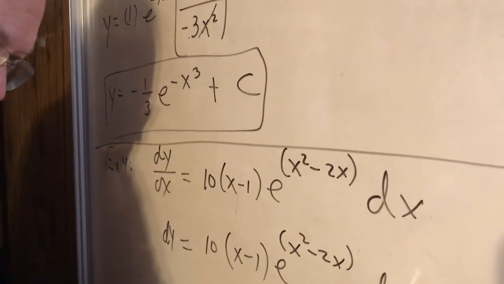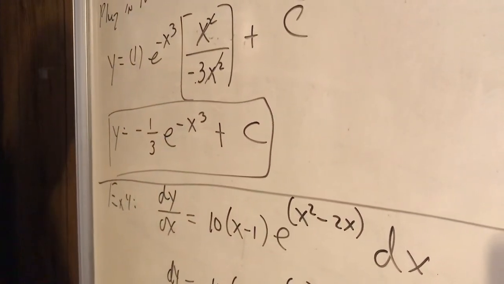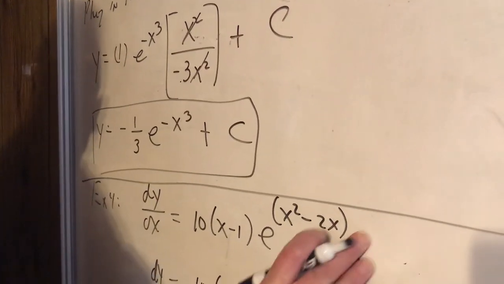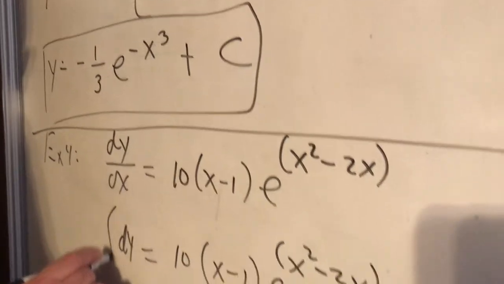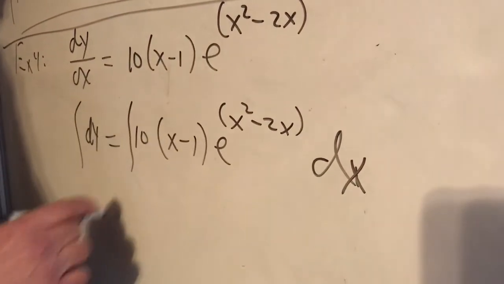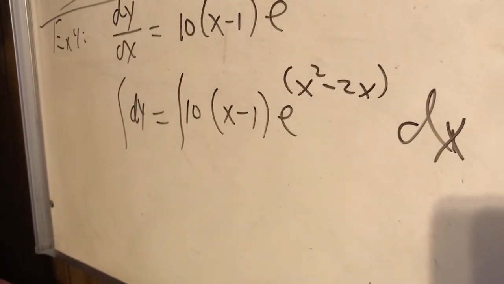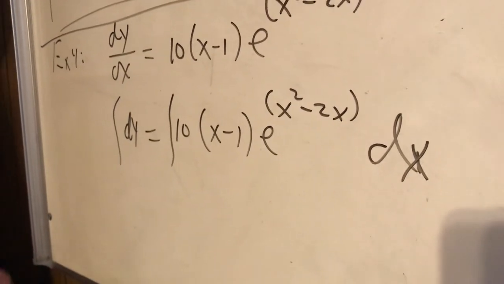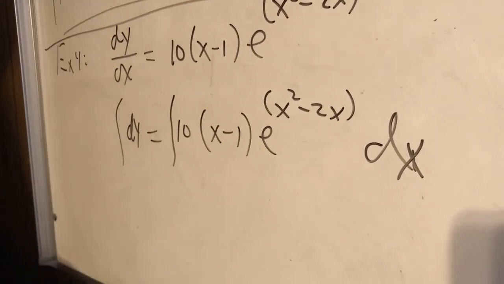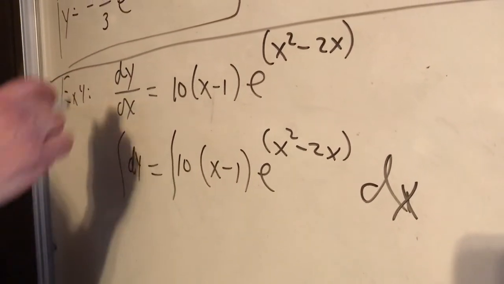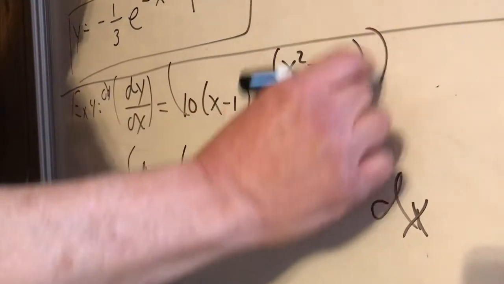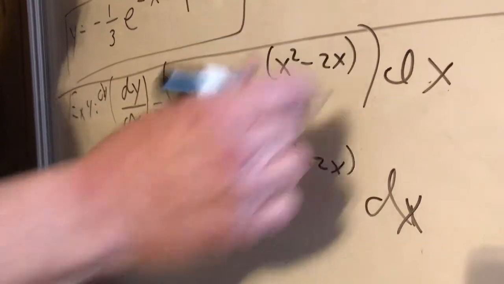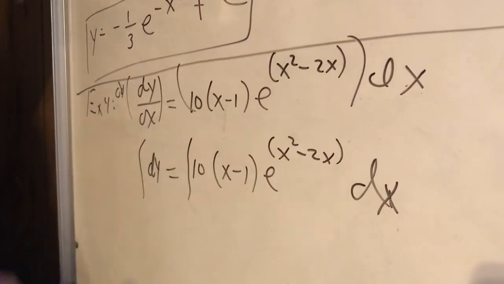Actually, in the first equation, you have too many dx's. You should get rid of it on the left. No, that was never there. Right, there you go. So you start with the derivative dy dx. Now when I integrate, it's going to be the integral of dy, which is simply y. That's a lot better because you have your dy when you multiply out by dx on both sides. That's why I put that there, because I had the parentheses.